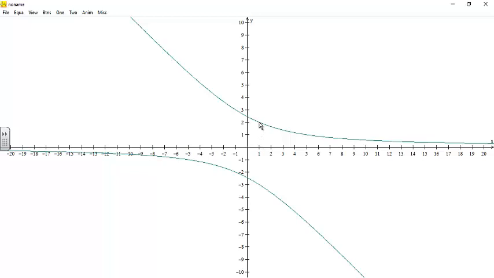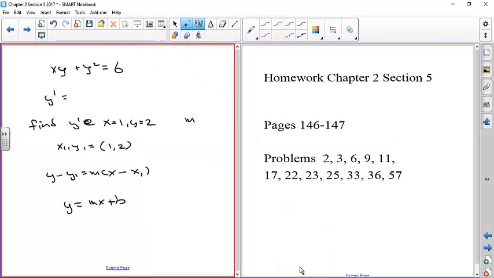It looks like the slope should be negative, maybe negative a half. That's my guess as an approximation. So we'll see. Go ahead and work through that. Again, follow the steps. You only have one, well, you have to use the product rule on that product.